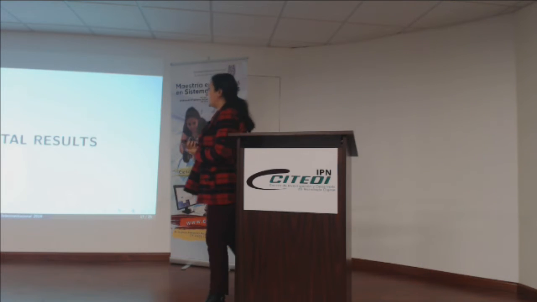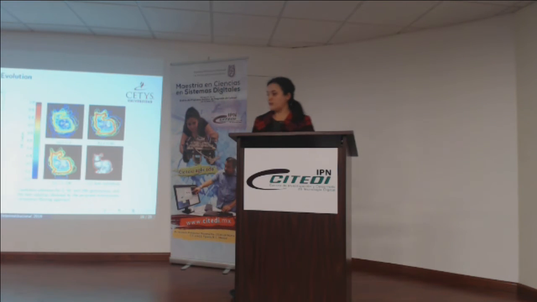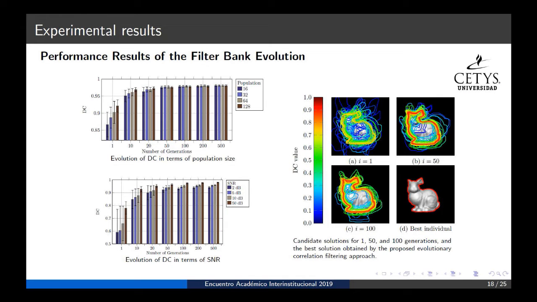So for experimental results, first we measure with this metric that distinguishes the filter detection in this evolution process. Imagine that this is the first frame, and 0 is not good for us. We are looking for values near 1.